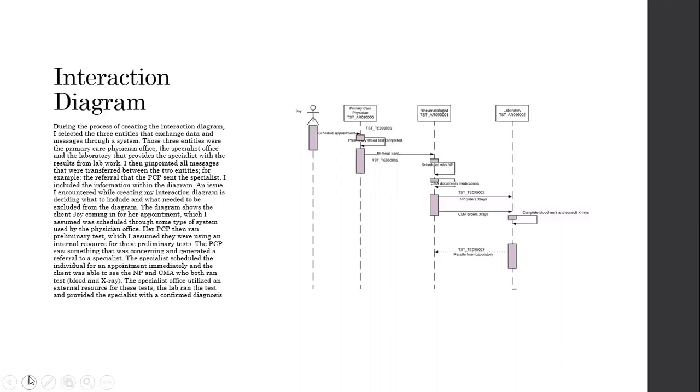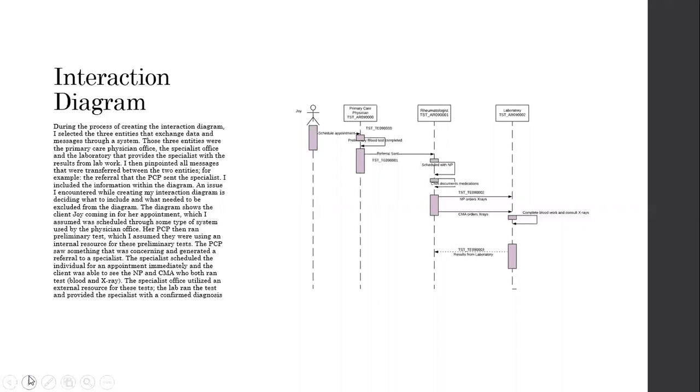The specialist wants to get her in immediately. They schedule her with the nurse practitioner who sends x-rays, and the CMA, the medical assistant, who documents Joy's medications and her dosages in the EHR system.